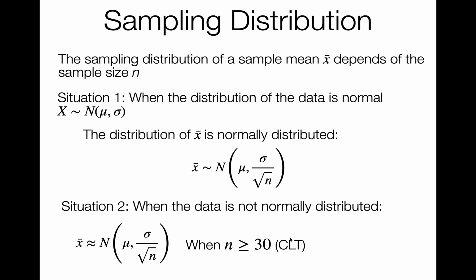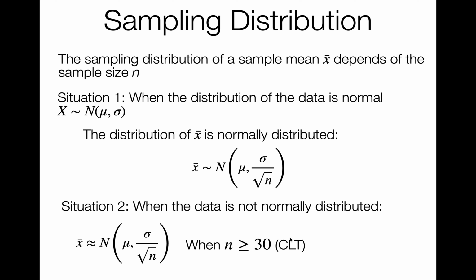And the idea behind that condition is from the central limit theorem. We're going to talk about what the central limit theorem is here in just a second. So situation 1 is always true. Situation 2 is only true when n is greater than or equal to 30.